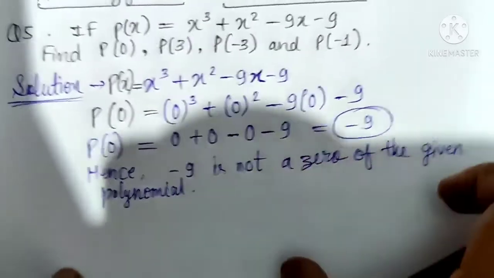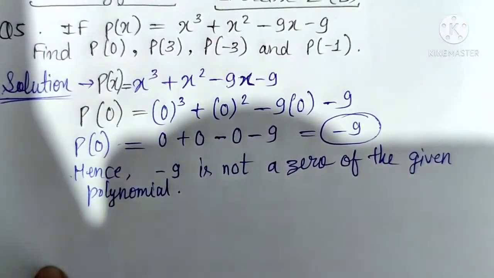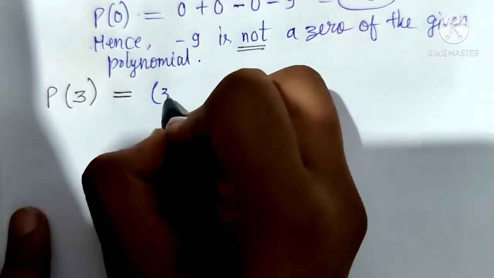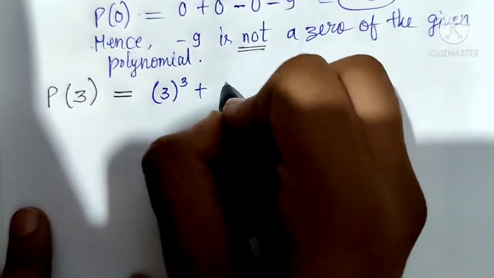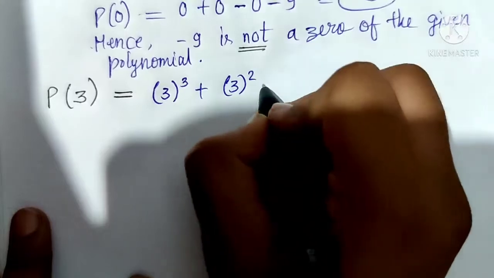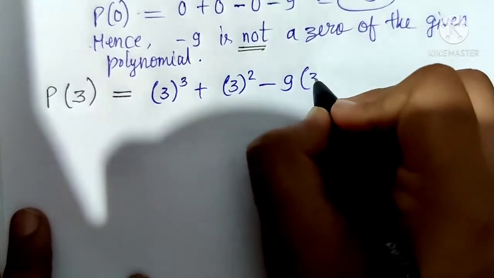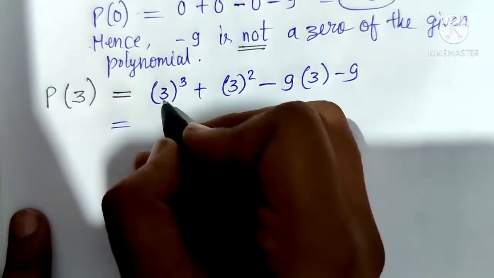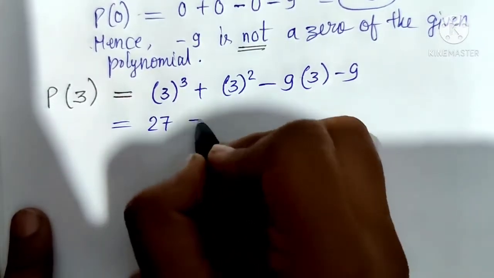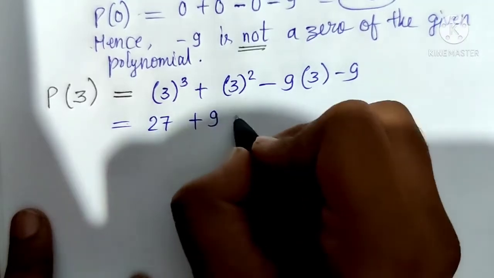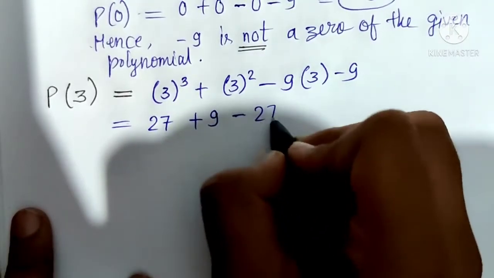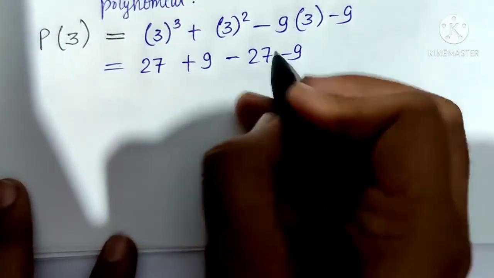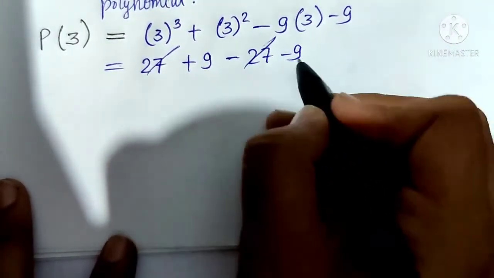Now we have to put 3 in place of x. So wherever x is there, 3 will come. 3 cube plus 3 square minus 9 into 3 minus 9. So what will come, just check. 3 cube: 3 3s are 9, 9 3s are 27. So it comes 27 plus 3 square, 3 3s are 9, minus 9 3s are 27, and at last minus 9. Now solve it. 27 plus 27 minus, it will cancel. 9 plus 9 minus, it will cancel.